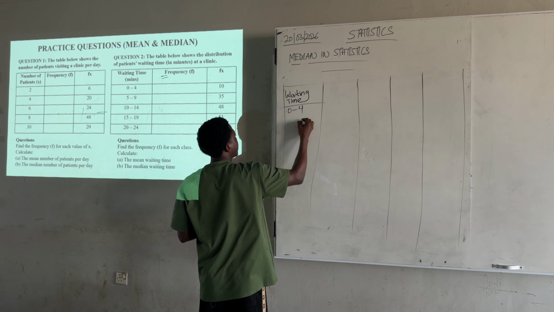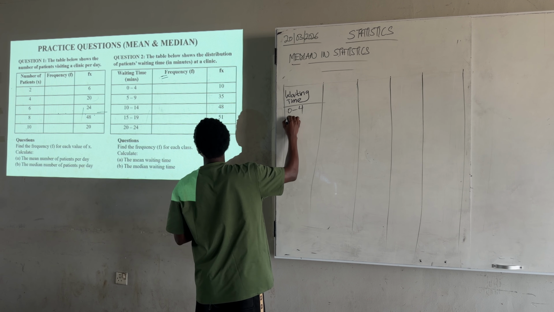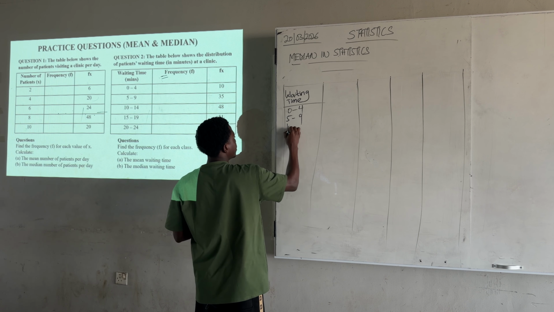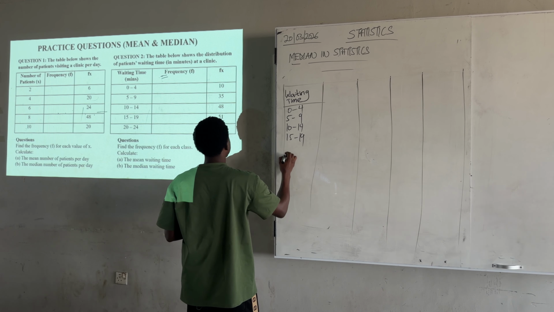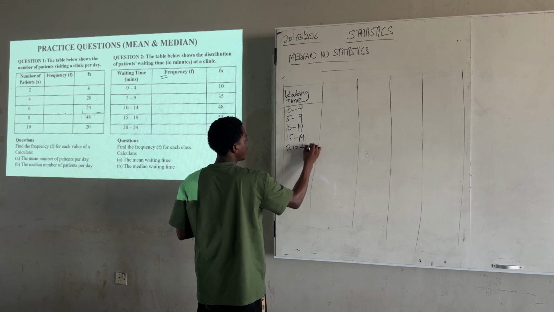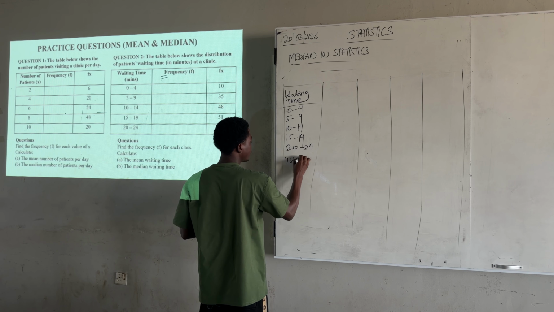We have our waiting time: 0 to 4, 5 to 9, 10 to 14, 15 to 19, 20 to 24, and we have our total.